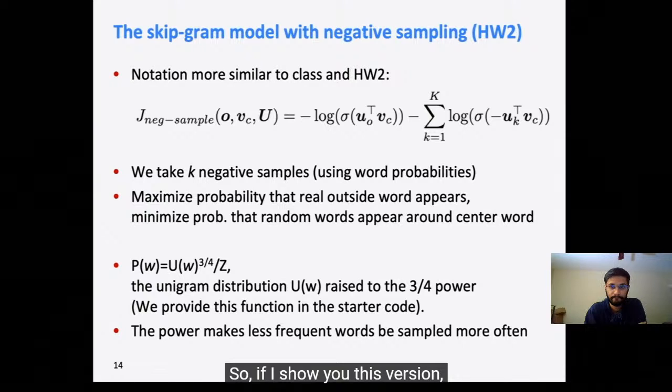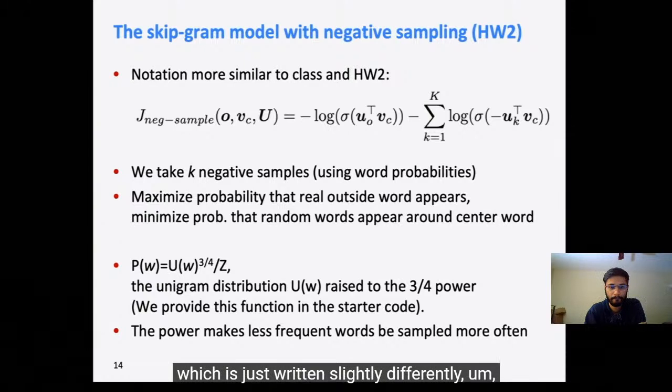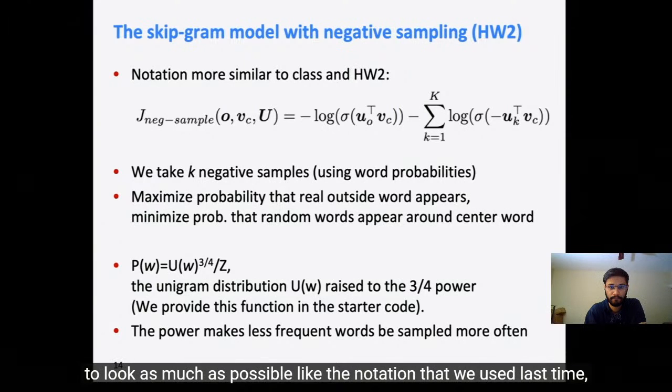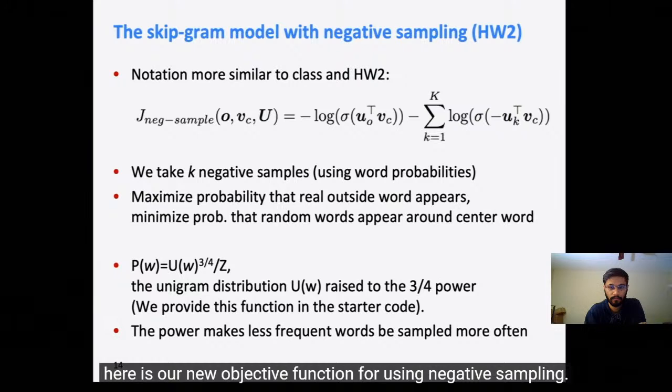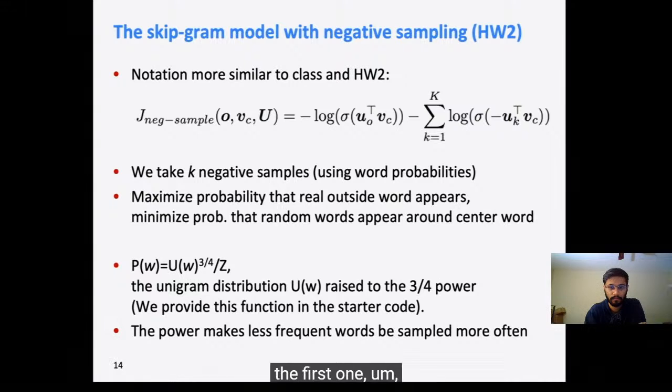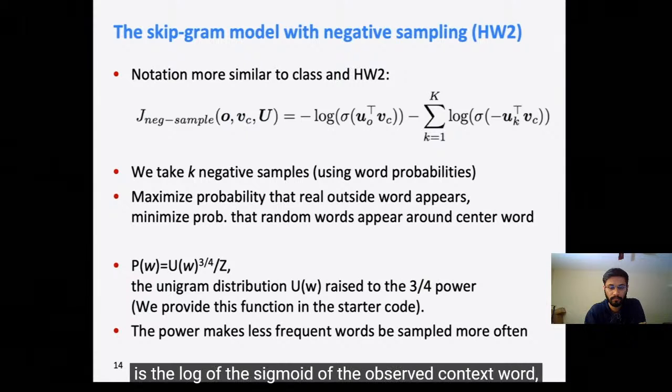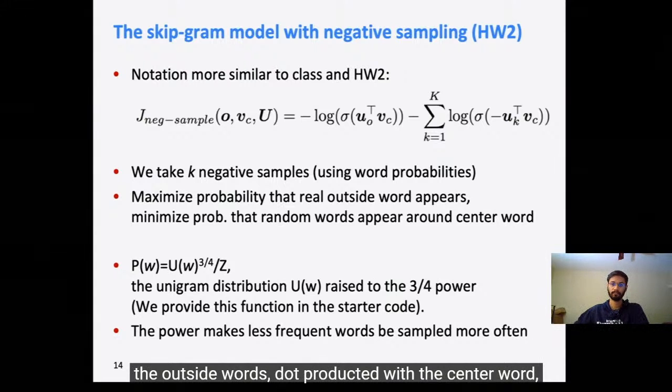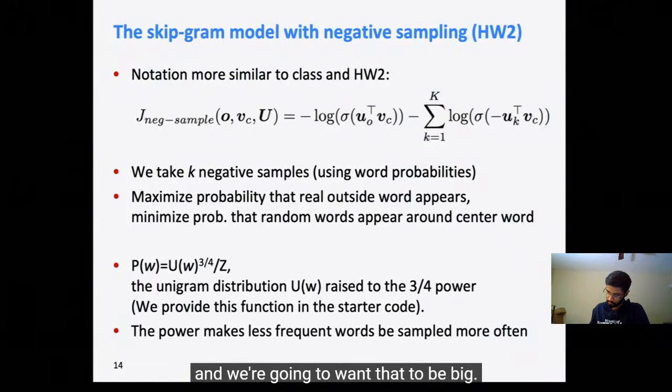So if I show you this version, which is written slightly differently to look as much as possible like the notation that we used last time, here is our new objective function for using negative sampling. We've got two terms. The first one is the log of the sigmoid of the observed context word, the outside word, dot producted with the center word. And we're going to want that to be big.